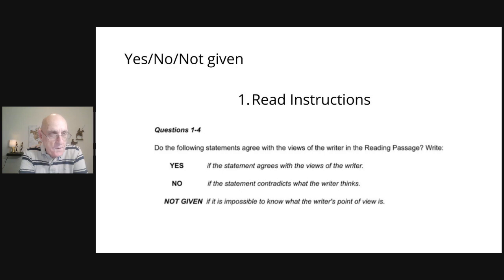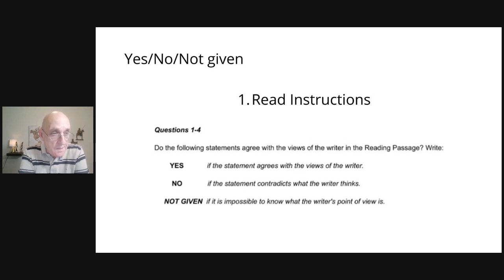And not given. So when it comes to yes and no and not given, if it's yes, you have to find a clear agreement with the view of the writer. You have to find that clearly in the text. And the same with no. You have to clearly find where it contradicts what the writer thinks.